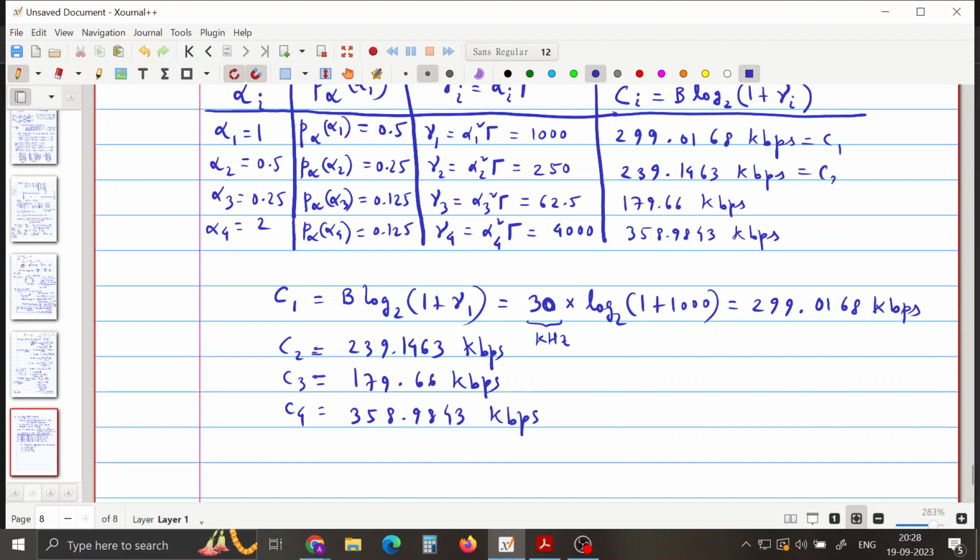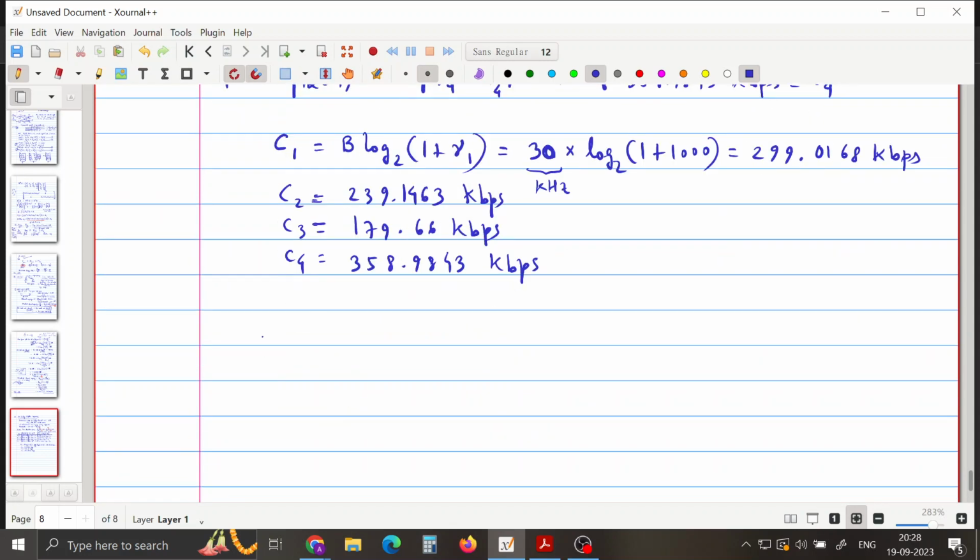C1, C2, C3 and C4. Great. Now, we have the individual capacities at the time instance.